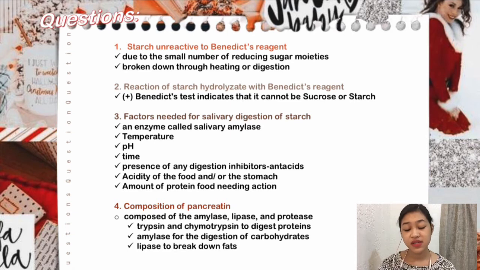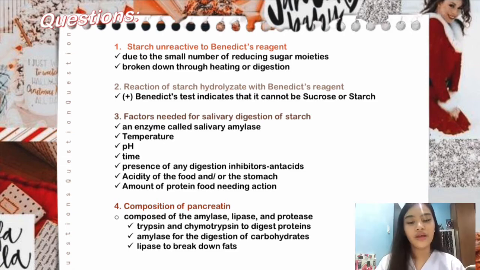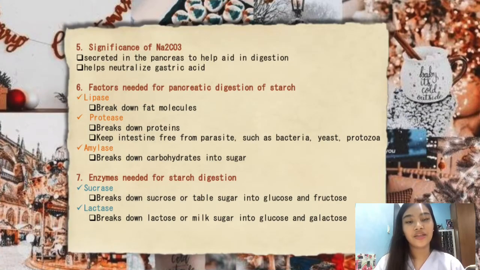These enzymes include trypsin and chymotrypsin to digest proteins. Sodium bicarbonate is significant to pancreatic digestion of starch as it is secreted in the pancreas to help aid in digestion. It also helps in neutralizing the stomach acid that is generated during the digestive process and facilitates in the breakdown of certain enzymes.